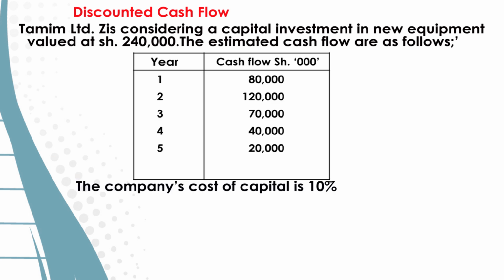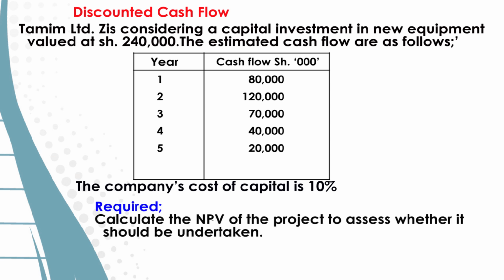We have the cash flows in thousands: 80 million, 120 million, 70 million, 40 million, 20 million, respectively. The company's cost of capital is 10%. Calculate the NPV of the project to assess whether it should be undertaken.